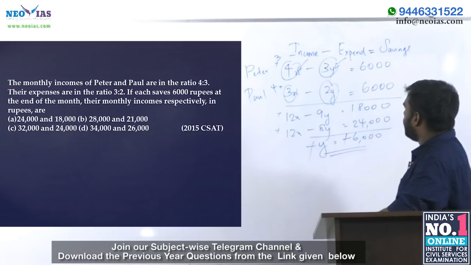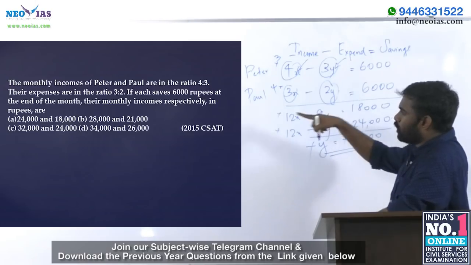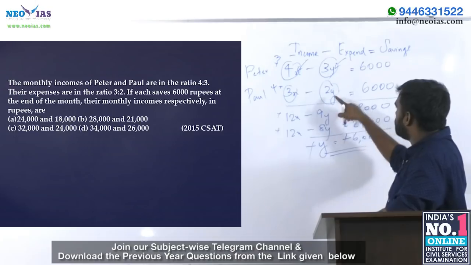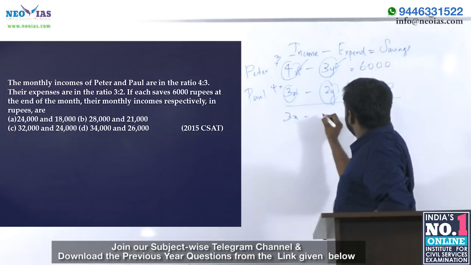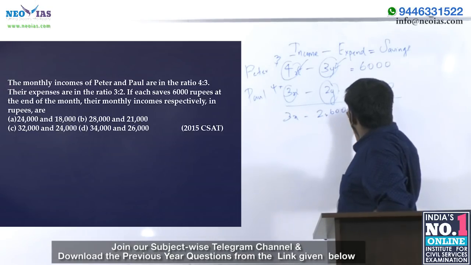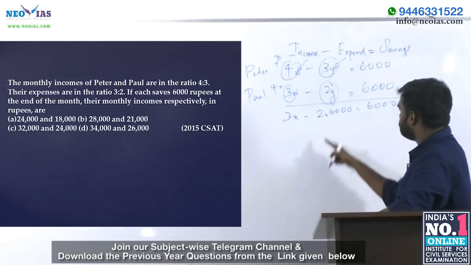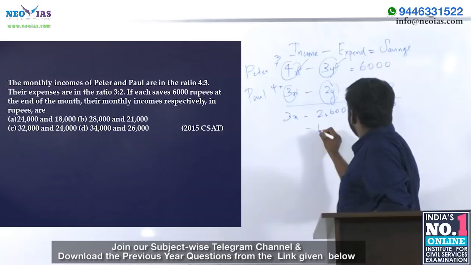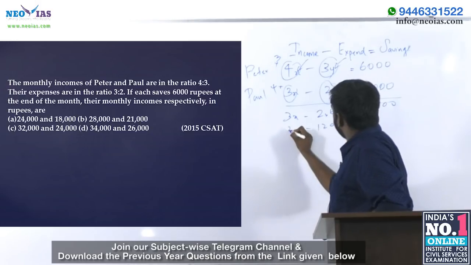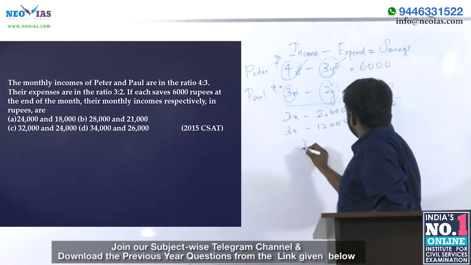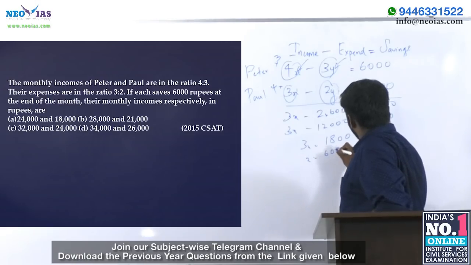Then if y is 6,000, what they are asking is the monthly incomes. If y is 6,000, 3x minus 2 into 6,000 equals 6,000, so 3x minus 12,000 equals 6,000. So, 3x equals 18,000 and x equals 6,000.